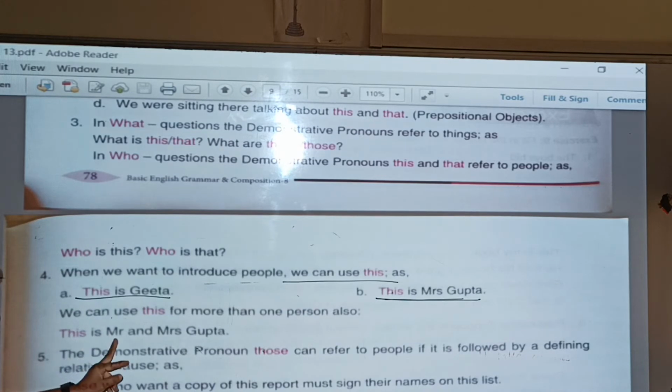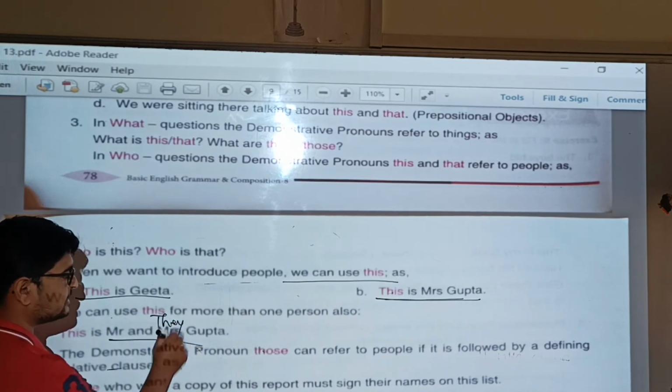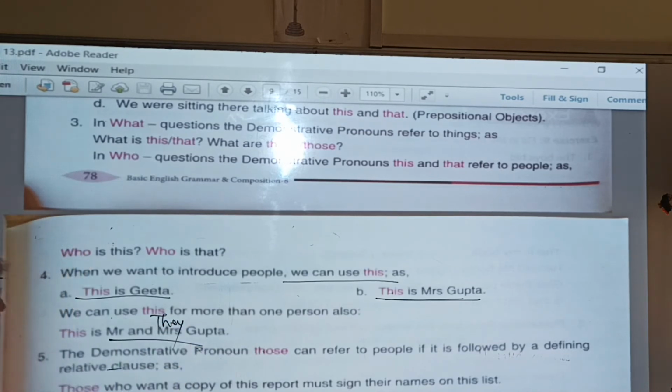Like this is Mr. and Mrs. Gupta. Here are two persons, meaning it is they, so it is plural, but we can use this while we are introducing people. So remember that point. It is new for us. This is singular, and we are using the singular helping verb is. So this is Mr. and Mrs. Gupta.